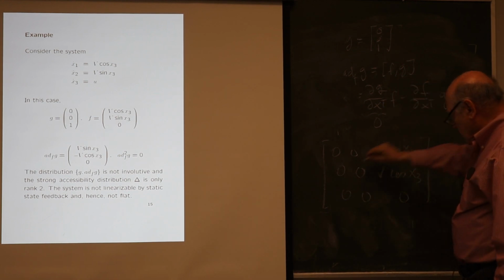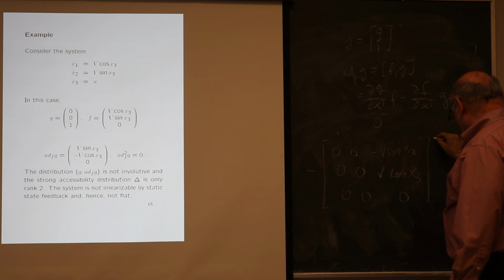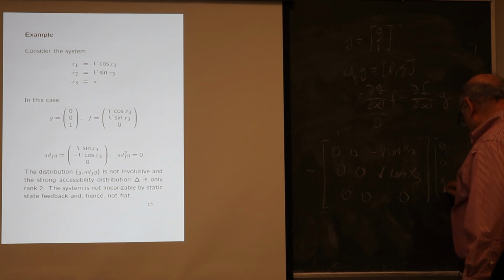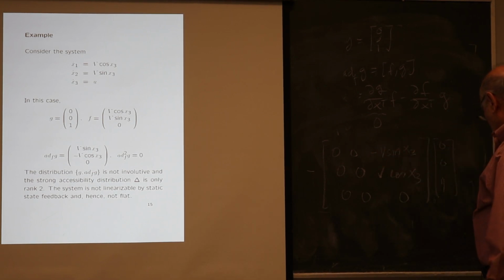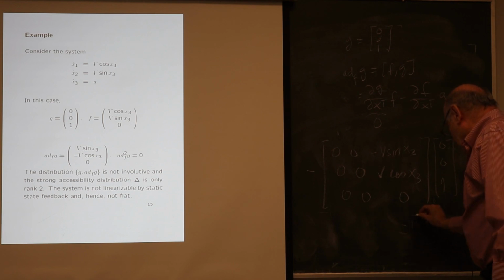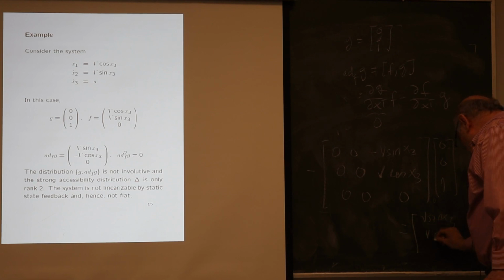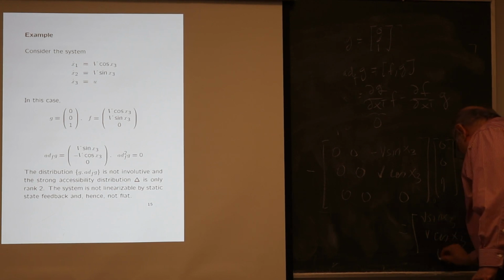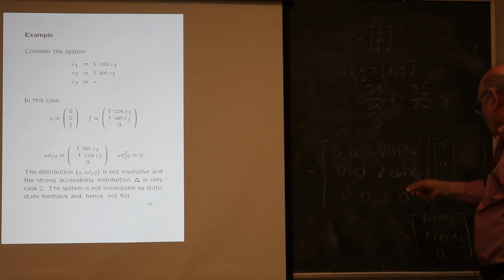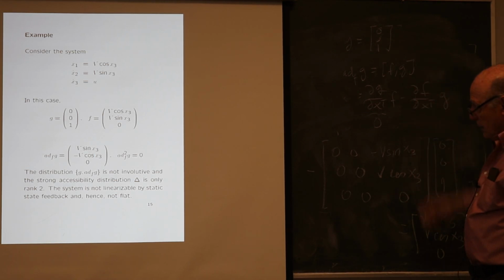So this matrix is minus this times g, and g is 0, 0, 1. So when you multiply this, you get a plus v sine of x3, v cosine of x3, and 0. So you're reproducing in fg the same as f, right?